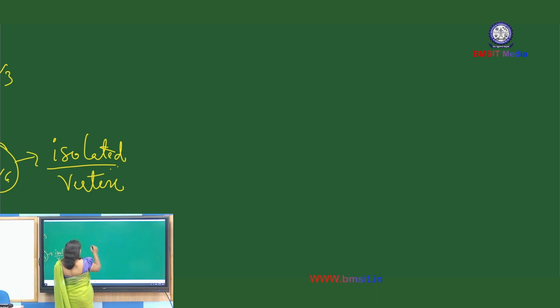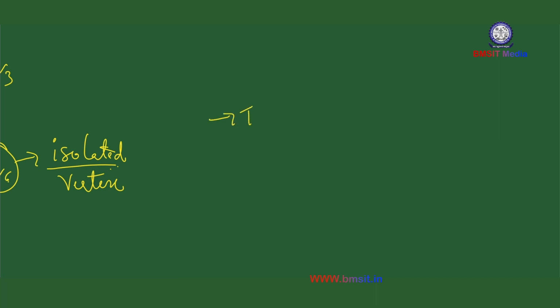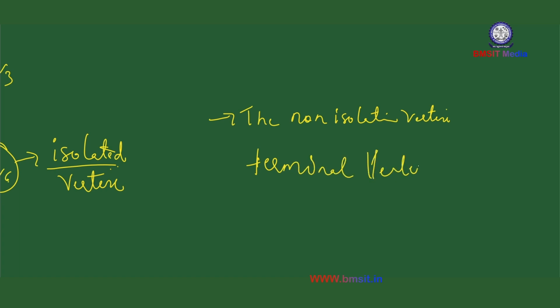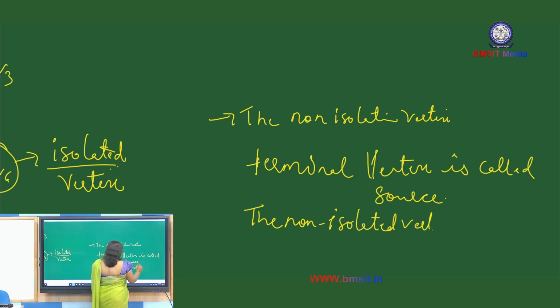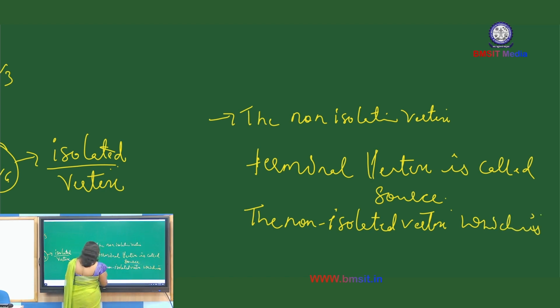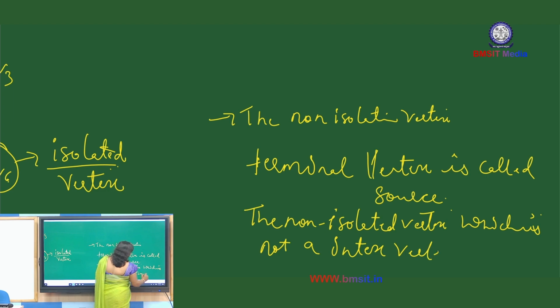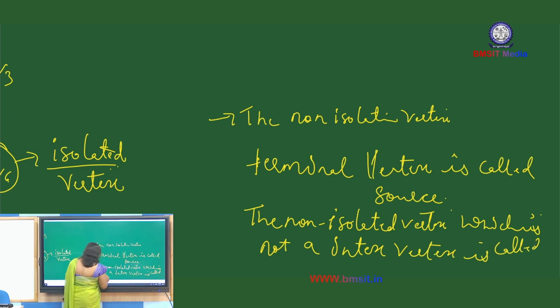A non-isolated vertex which is not a terminal vertex is called a source. The same way, a non-isolated vertex which is not an initial vertex is called a sink.